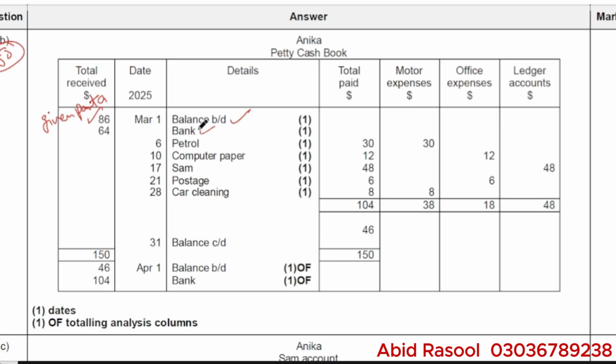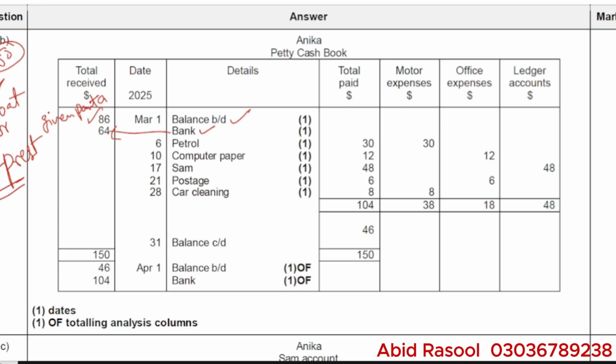What we have done here is reload, refill our petty cash according to the imprest amount, because 150 is our imprest amount. It is also called the float or imprest amount. Now on 1st March we have $150 on our receiving side.